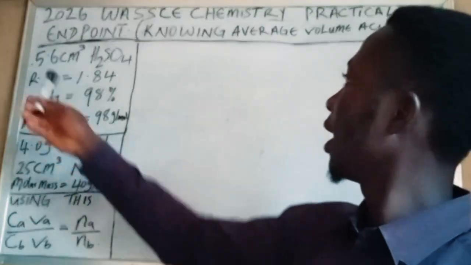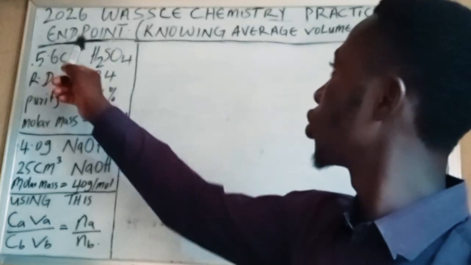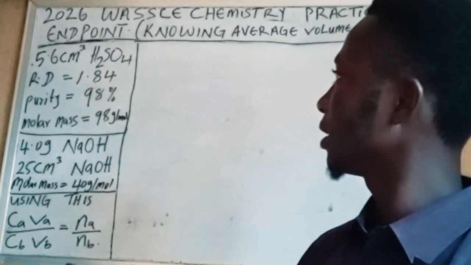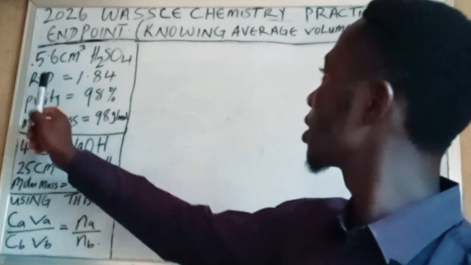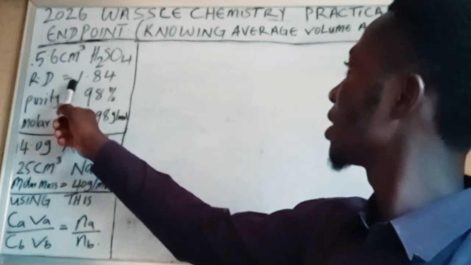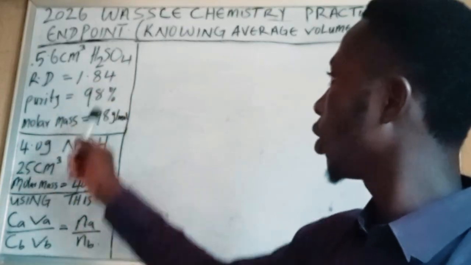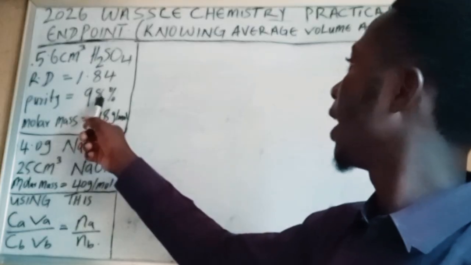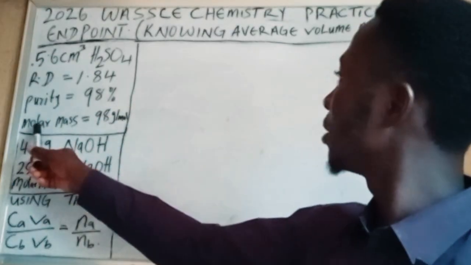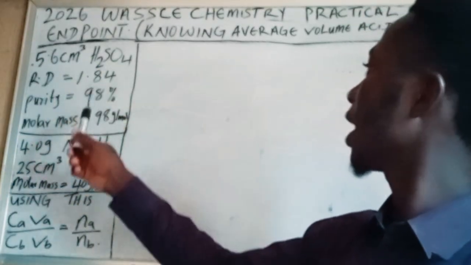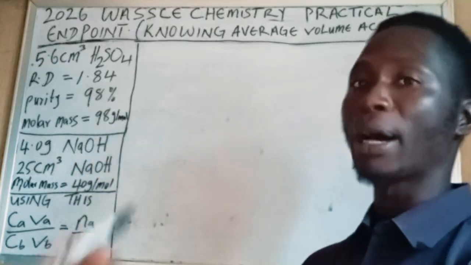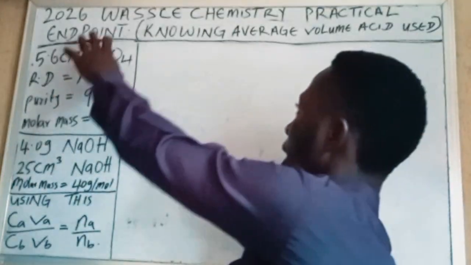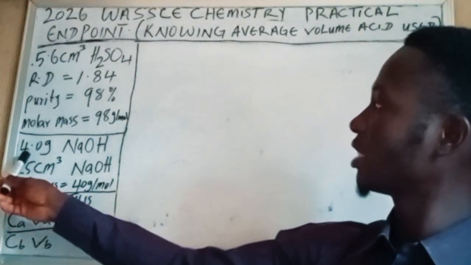We have 5.6 cm³ of sulfuric acid, the relative density of sulfuric acid is 1.84, the purity of sulfuric acid is 98%, and the molar mass of sulfuric acid is 98 gram per mole. So this is our acid, and coming down here, this is our base.